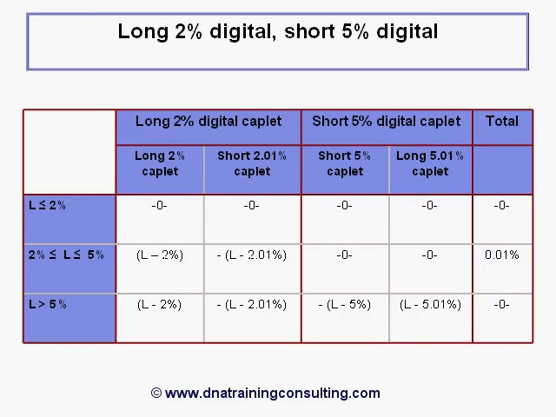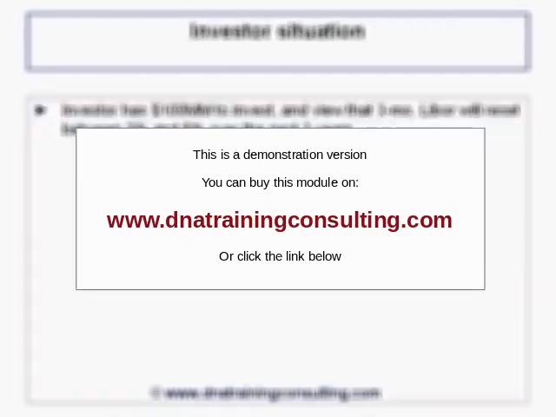We are done with our review and can turn to structuring our first range floater. Consider an investor targeting a $100 million 3-year principal protected investment and having the view that 3-month LIBOR will reset between 2% and 5% over this entire 3-year period.